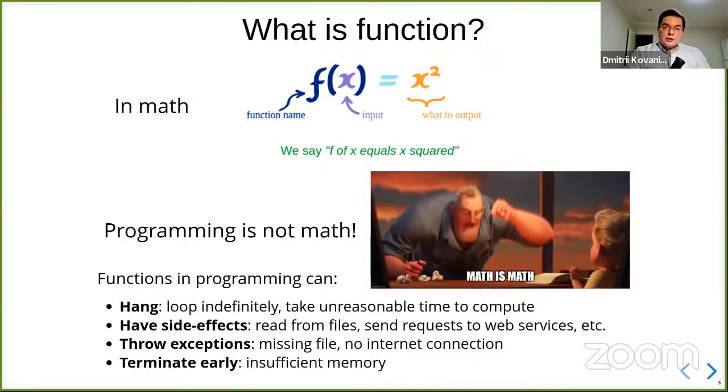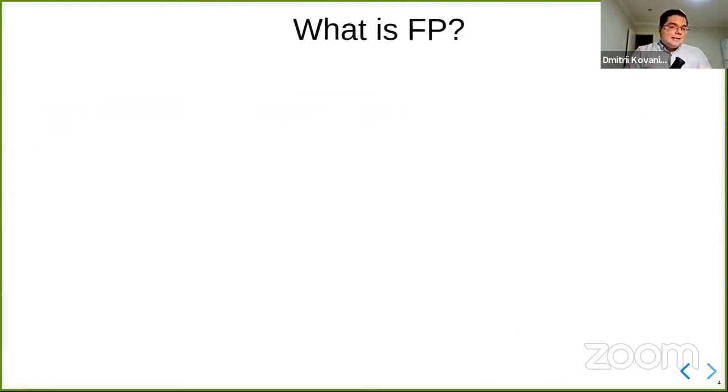And functions can also terminate early. In programming, we have resources like memory, and if functions take lots of memory, they will terminate early because there is not enough memory to compute them. But math doesn't care. Still, functions in functional programming try to be very close to the definition of function in math. Not exactly the same, so keep it in mind, but still very close.